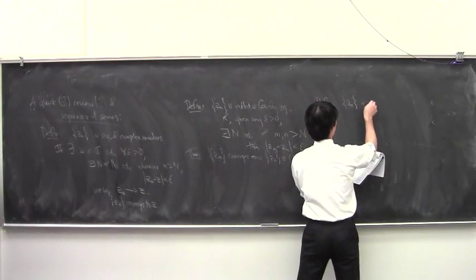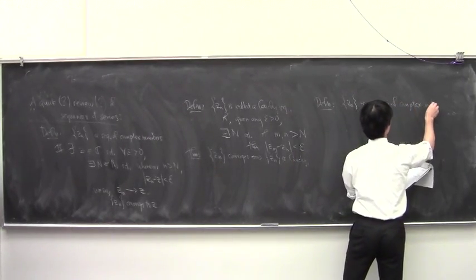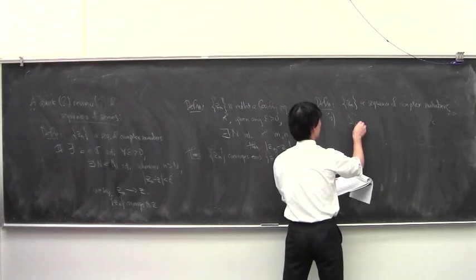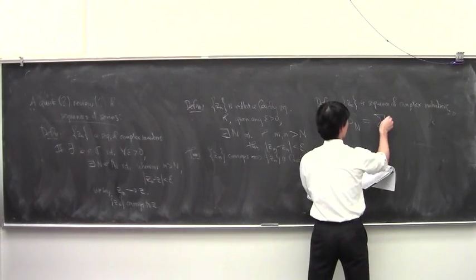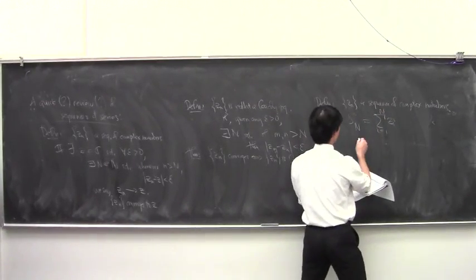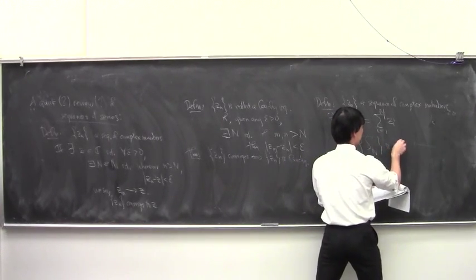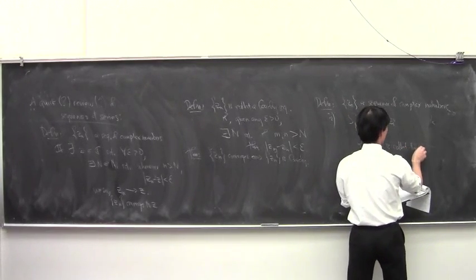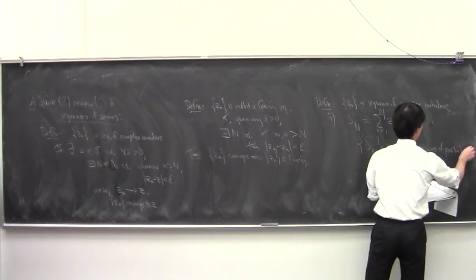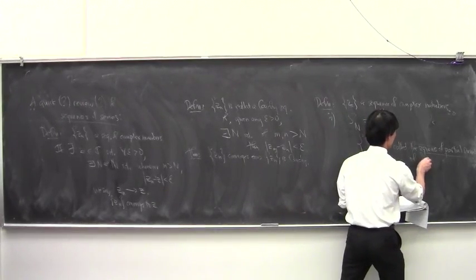If you have a sequence of complex numbers, then you let S of n be the sum of the first n guys. So then this new sequence of numbers is called the sequence of partial sums of the original sequence.